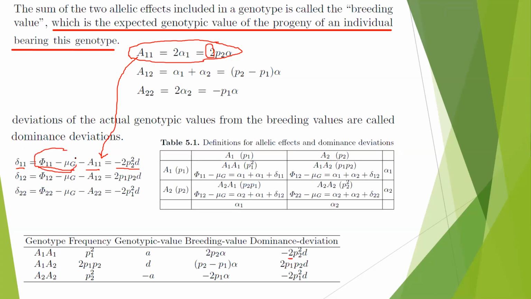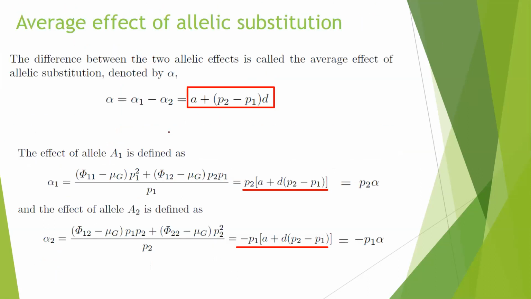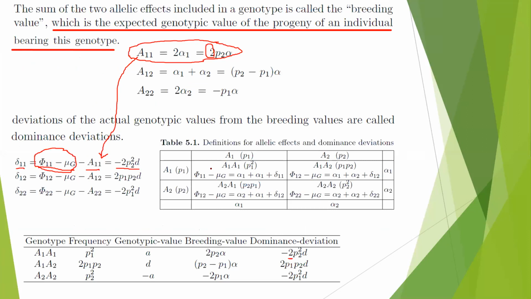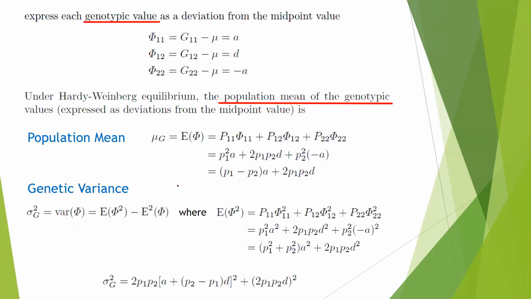Let's see if we can find another 2 to make this make sense to you. Let's go back. So 511 minus UG. What is that? 511 is this, minus UG is this, right?